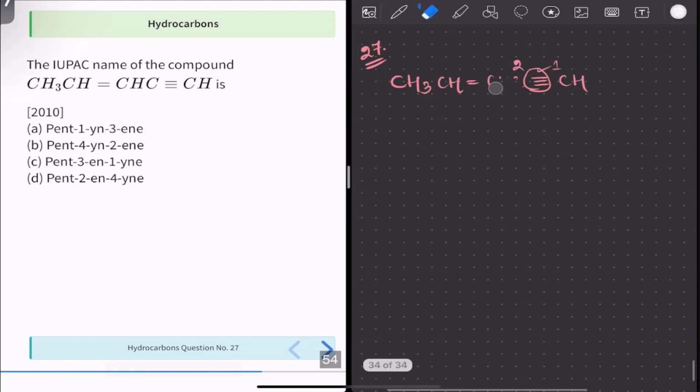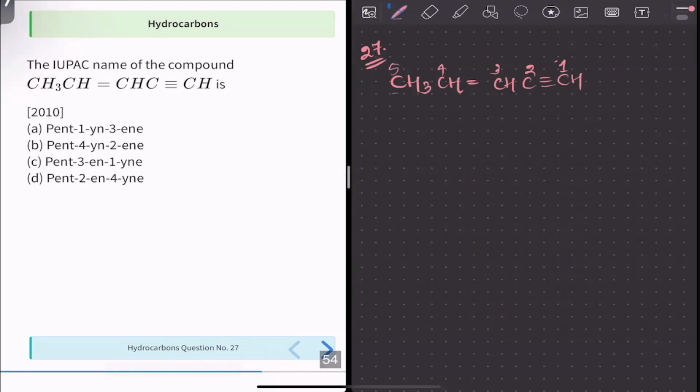Just a minute, I have drawn the wrong diagram. CH, no, correct. Okay, 1, 2, 3, 4, 5. So what will be the name?